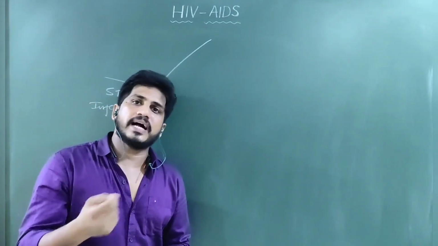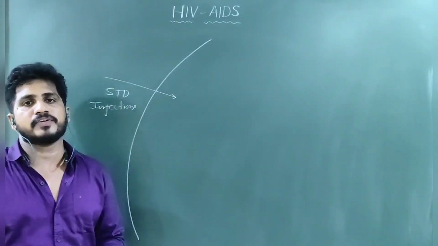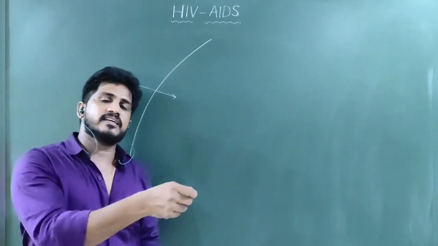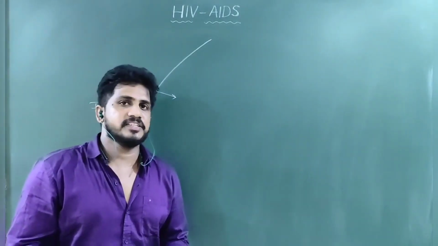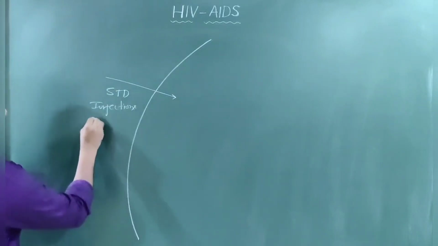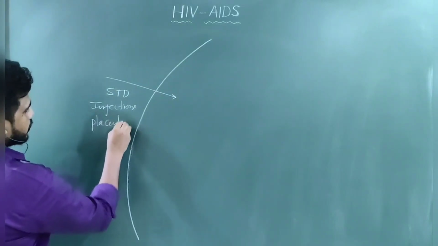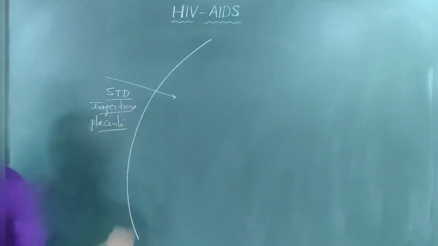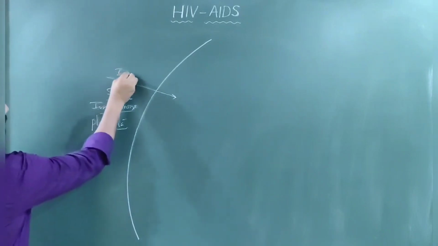So one person who is a victim of HIV, the same needle will be injected without change, then HIV transmits. Also through the placenta from mother to child. These are the ways where infection generally takes place.